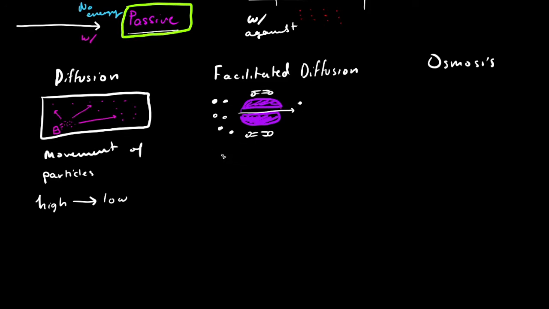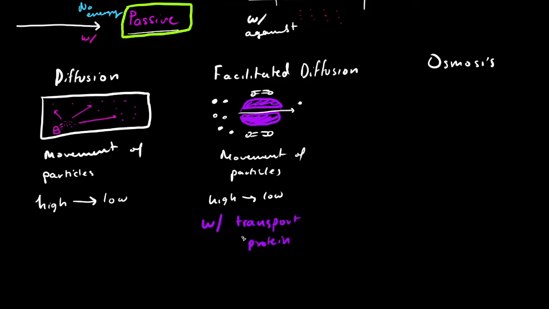So essentially, it's the movement of particles from high to low, yet in this case, with a transport protein. That's the only real difference between diffusion and facilitated diffusion.